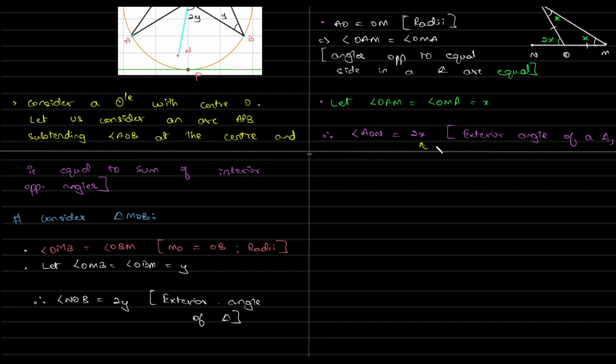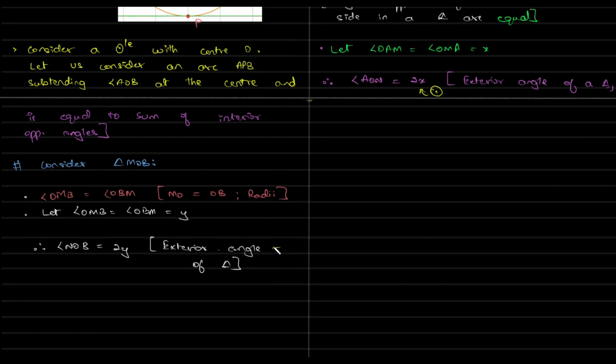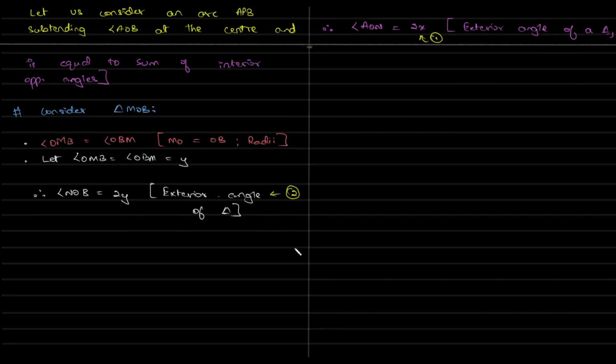So we'll call this as 1, we'll call this as 2. So if we add 1 and 2, 1 plus 2, what will we get? We will get that angle AON plus angle NOB is equal to 2x plus 2y. So these two angles are nothing but angle AOB is equal to 2 times of x plus 2y.